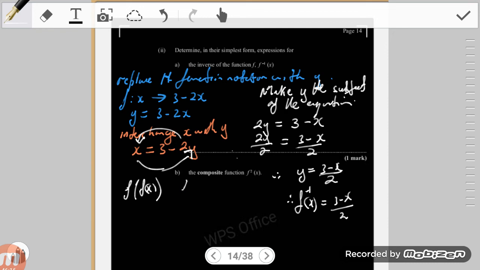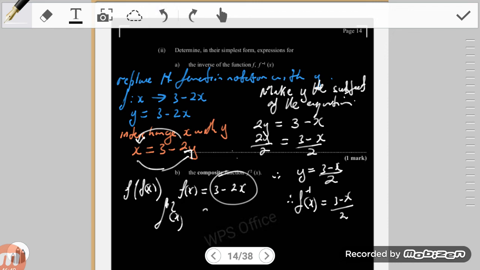So we know that the function f is actually equal to 3 minus 2x. Alright? And we're looking for f square x. So what this means is that we're going to take the actual function f and replace it right where that x is, right here.